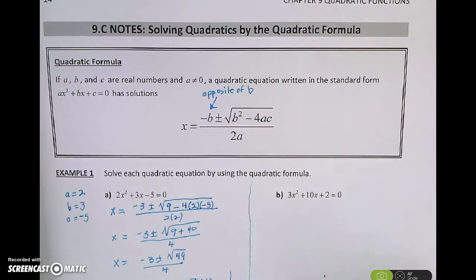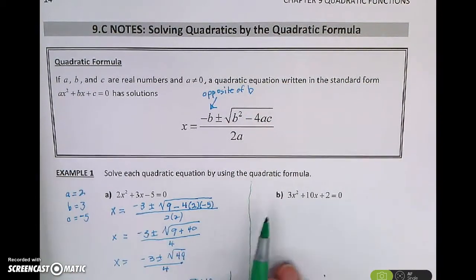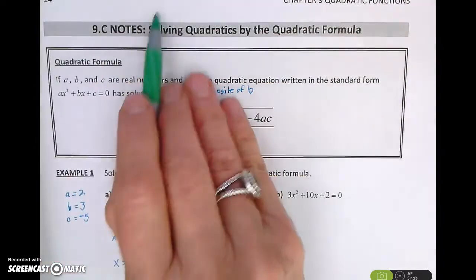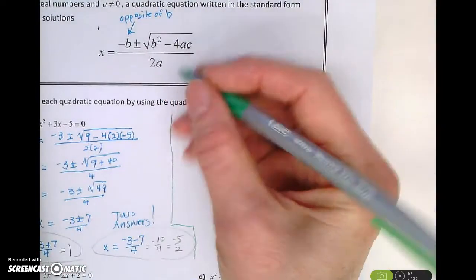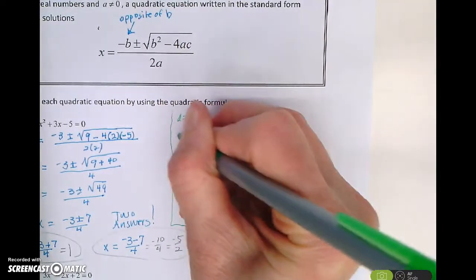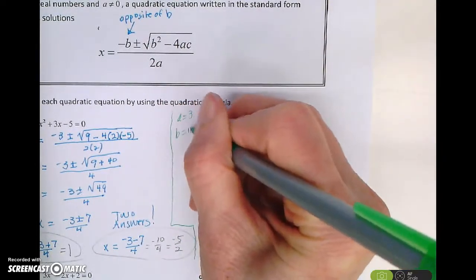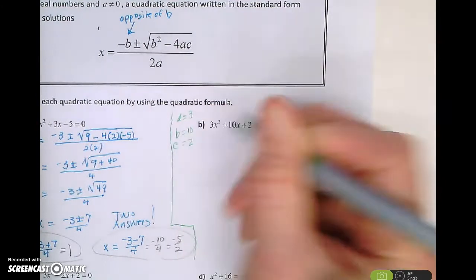So let's do the second example, example 1b for the 9C notes. So again, we're using the quadratic formula. So a is 3, b is 10, and c is 2.